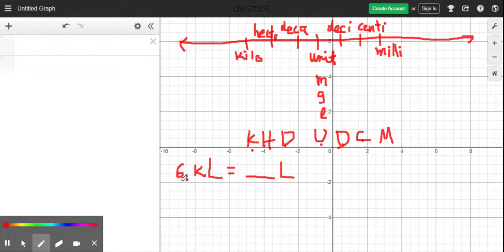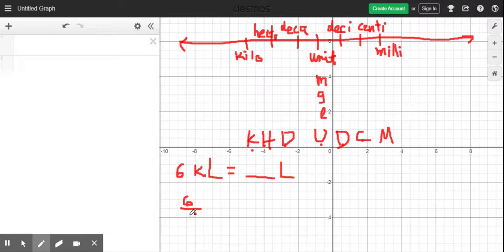Okay, so to convert 6 kiloliters into liters, we can do our unit analysis. Start with 6 over 1 kiloliters. But we want the kiloliters to cancel out. So we'll put the KL diagonally from kiloliters here.